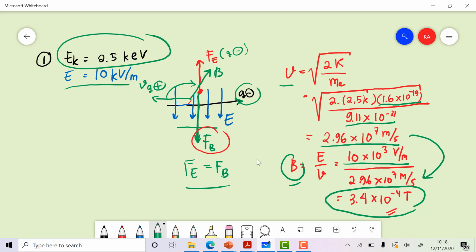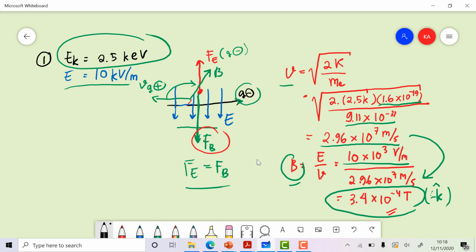So the direction of B, in vector notation, is negative k, or inside the paper.